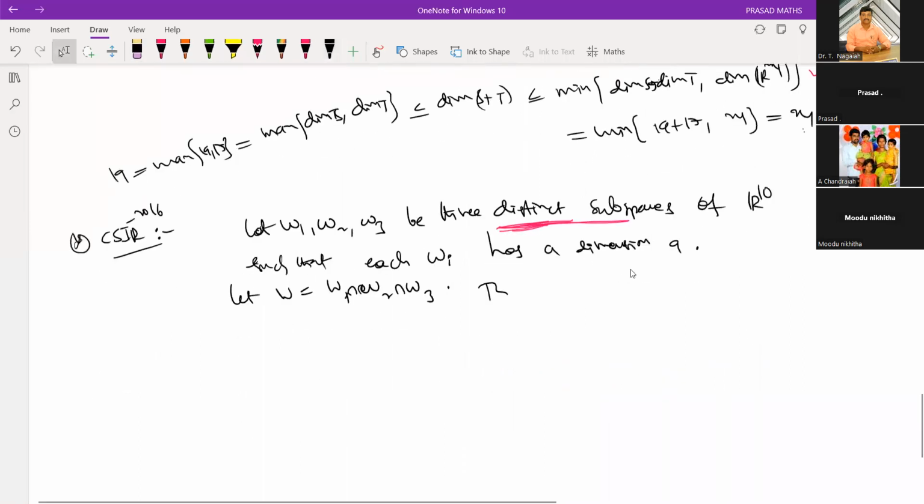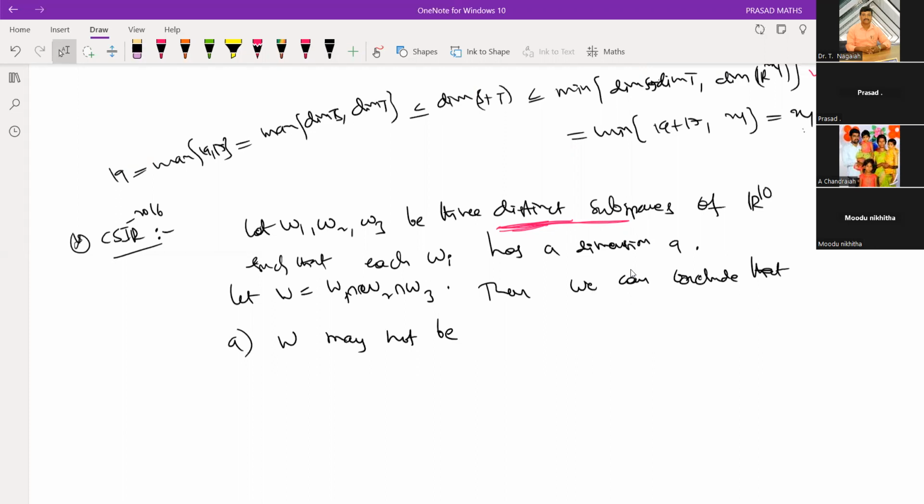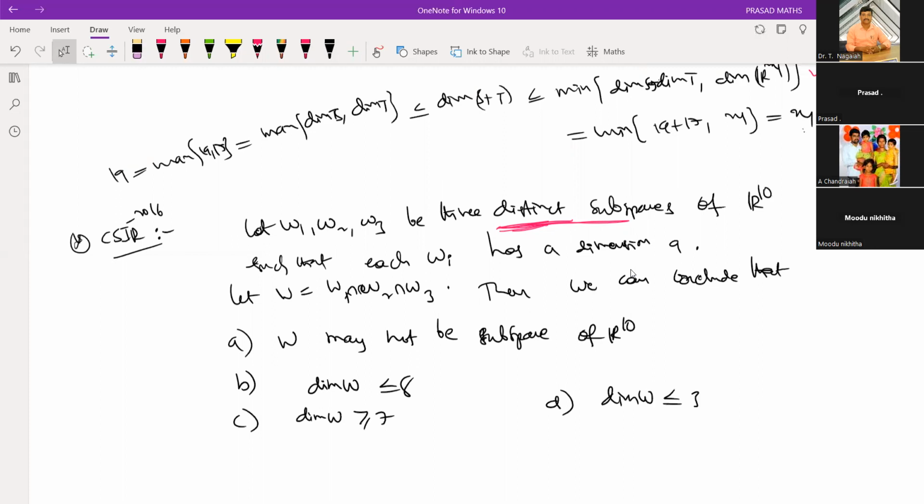Then we can conclude that, which of the following is true? A. W may not be a subspace of R^10. B. Dimension of W is always less than or equal to 8. C. Dimension of W is always bigger than or equal to 7. D. Dimension of W is always less than or equal to 3.